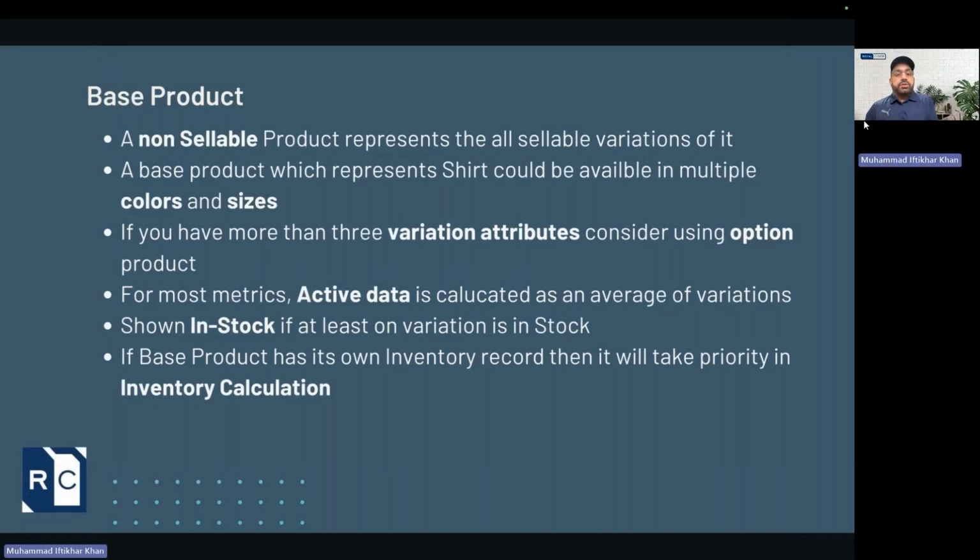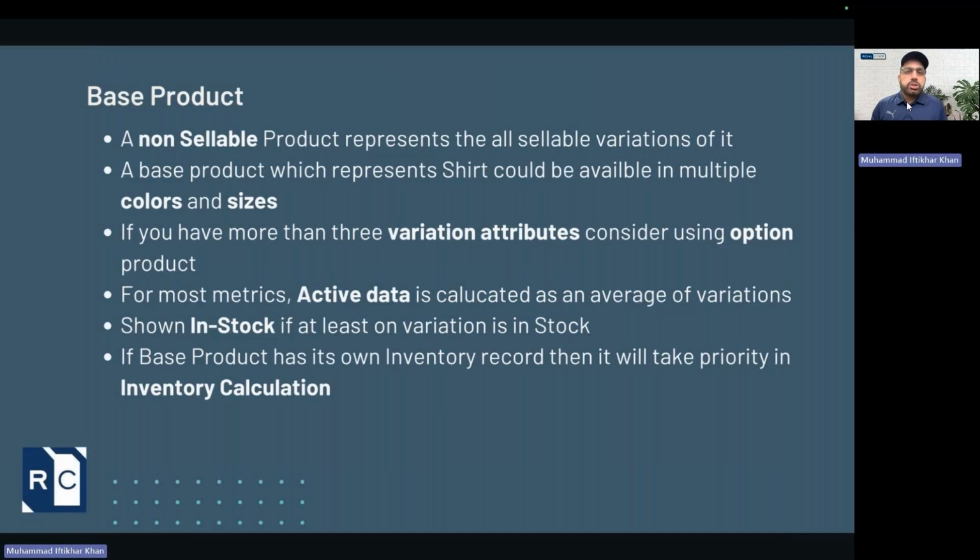So we can say that the base product holds all the common attributes of the variants, and the variant itself is based on the attributes which are variations, like color and sizes. If you have more than 3 variation attributes, consider using option products. The point number 3 in this slide. This is very important.